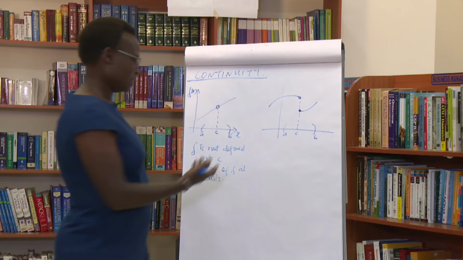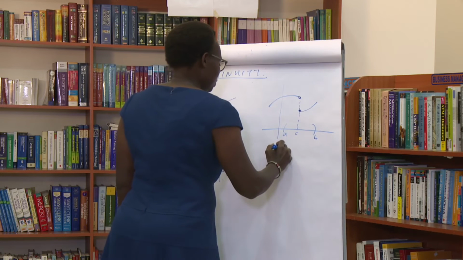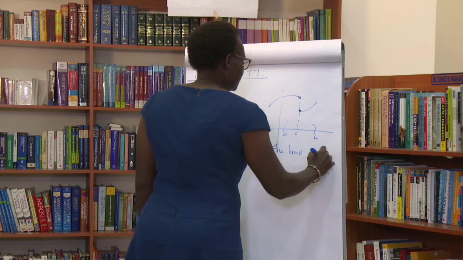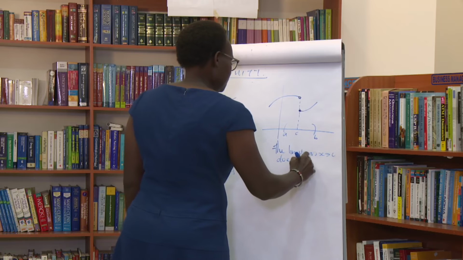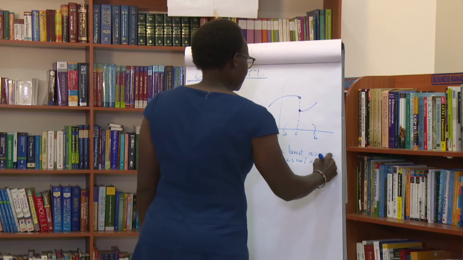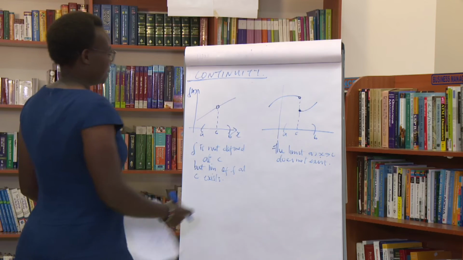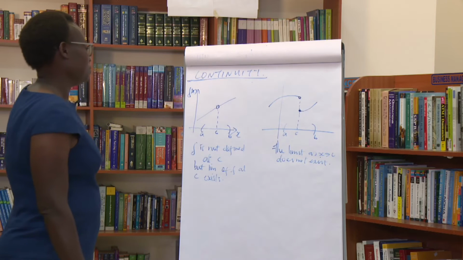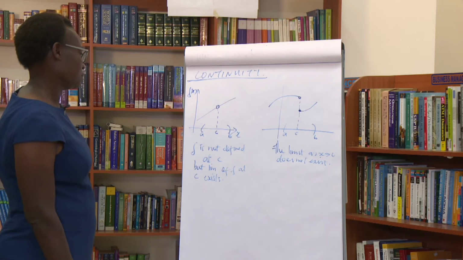So then here obviously the limit fails to exist. So the limit as x tends towards C does not exist. So as much as we can see that the function is defined at C, the limit fails to exist.